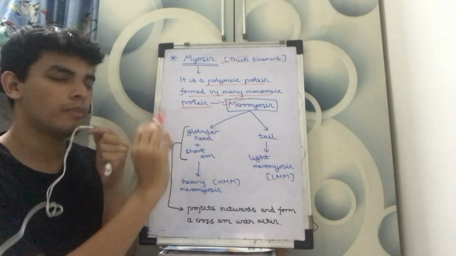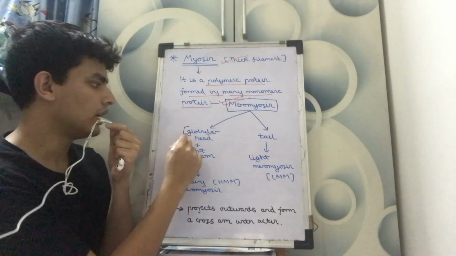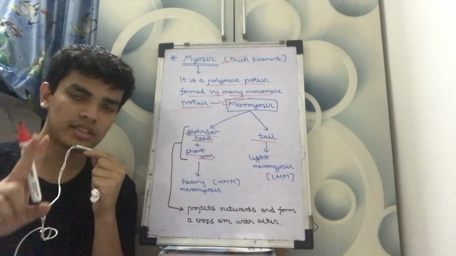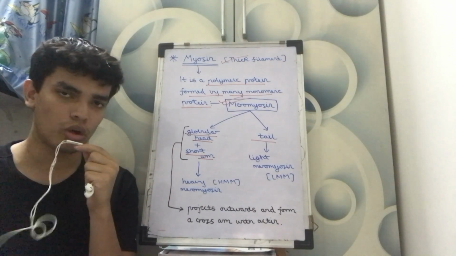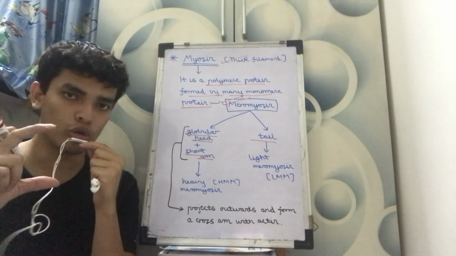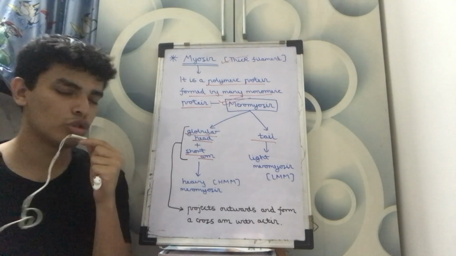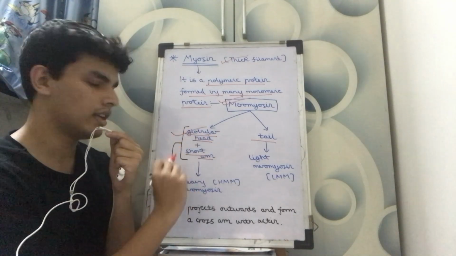Now, meromyosin is further divided into a globular head and short arm, and a tail. So it is divided into two parts, not three. Globular head plus short arm is one part, and the tail is another part. The globular head and short arm is called the heavy meromyosin, the larger or bulkier portion.